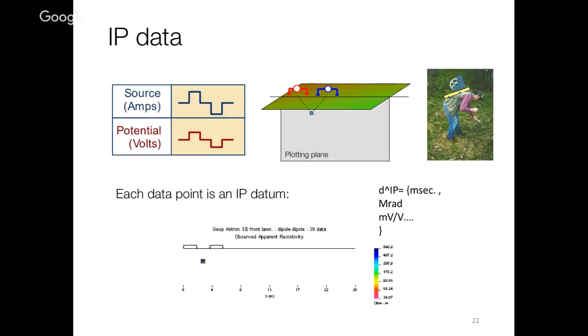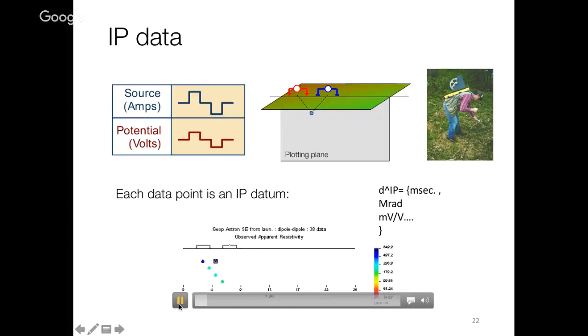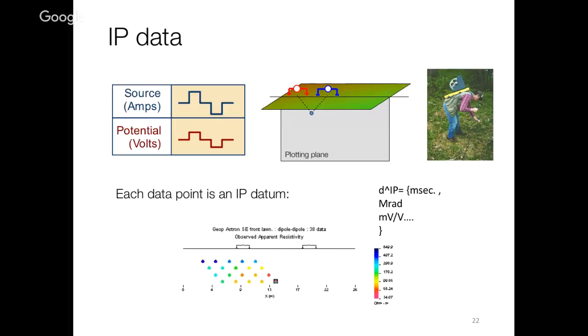So any data could be plotted in this pseudo section form. So now we're just collecting data, plotting it in exactly the same way that we build up the resistivity pseudo sections. And then we get something that looks like this. But this is now called an apparent chargeability map. So it kind of looks the same, but this is now apparent chargeability.